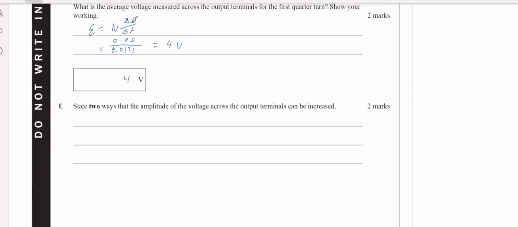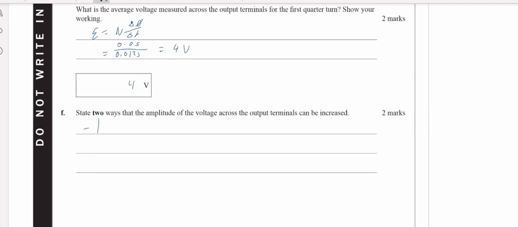To raise the amplitude of the wave, the voltage across the output terminals can be increased. So how to increase the voltage? Good. Increase the frequency of rotations.